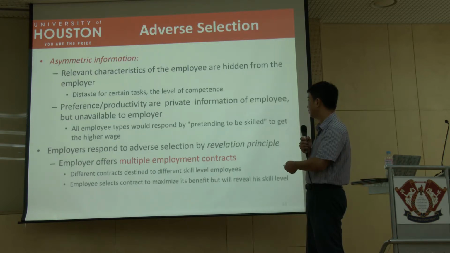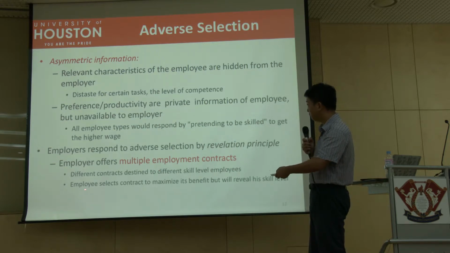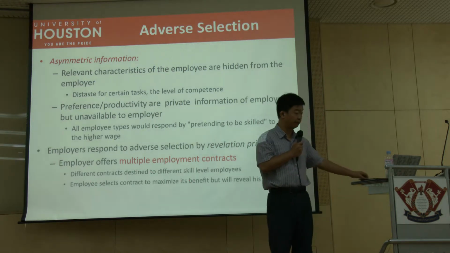So the employer's response to this is called the revelation principle. Oh, sorry. The employer offers multiple contracts, and different contracts will be for different levels of employee. The employee will select the corresponding contract such that they will benefit. If they select the other contract, they will not. So give an example.